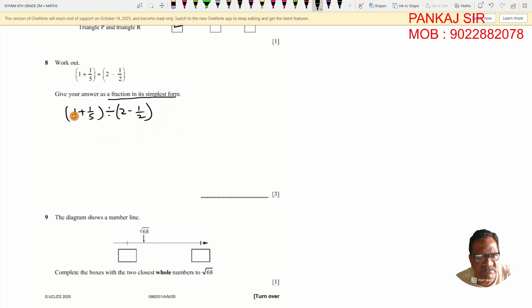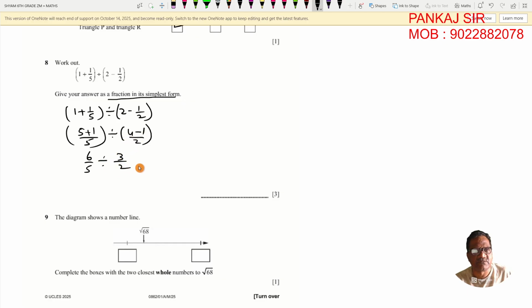So let us work this out. 1 plus 1 by 5 will be 5 plus 1 upon 5, divided by 2 minus 1 upon 2, which is 4 minus 1 upon 2. Next will be 6 upon 5 divided by 3 upon 2.